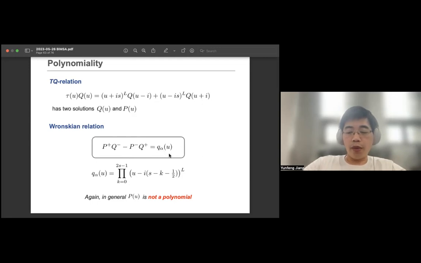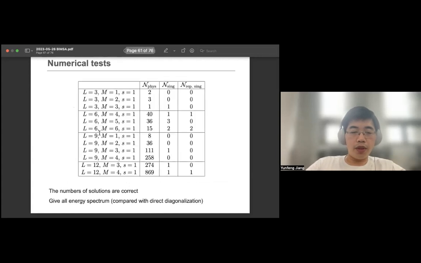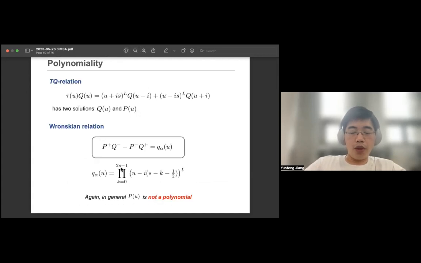Remember, this Q alpha is what appears in our Q system. And for spin S, this Q alpha is given by this expression. And you see that when S equals 1/2, this is U to the power of L. We are back in the spin 1/2 case.